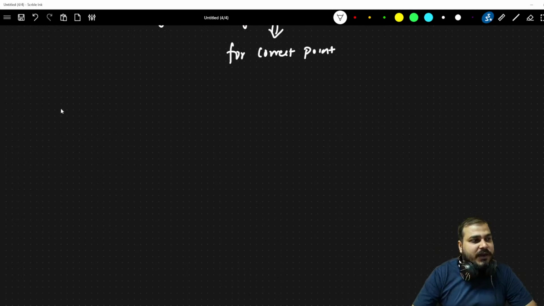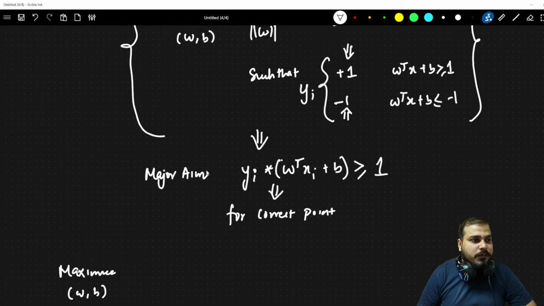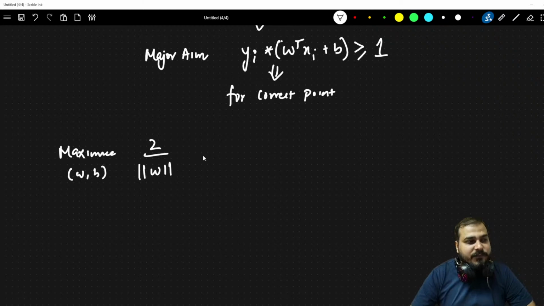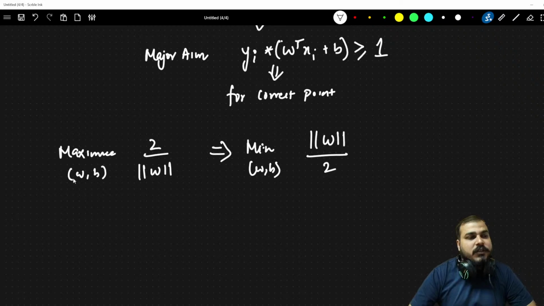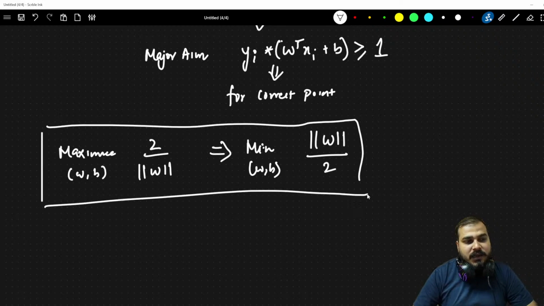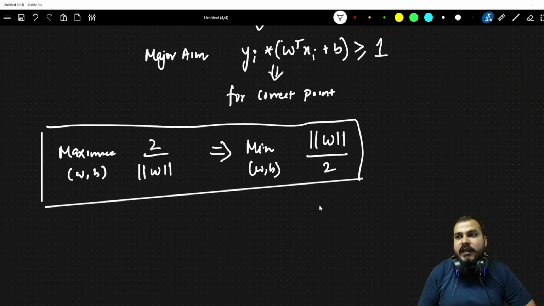Now I'm going to write it down again. Maximize over w, b of 2 by magnitude of w. I can also write something like this: minimize over w, b, and I can just invert this, which looks like this. Are both of these the same or not? Always understand, in machine learning algorithms, why do we write minimize?